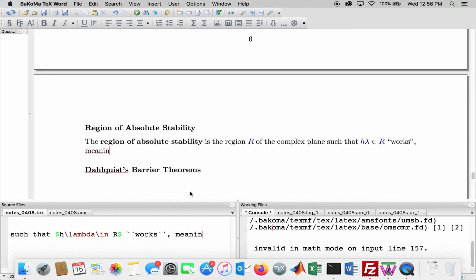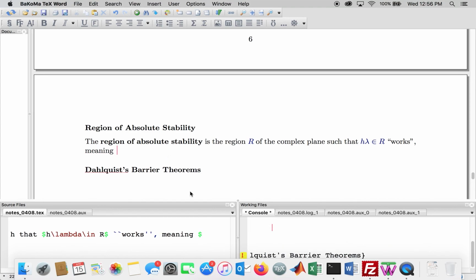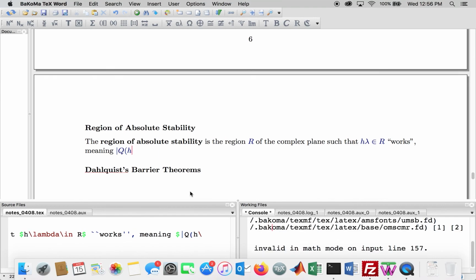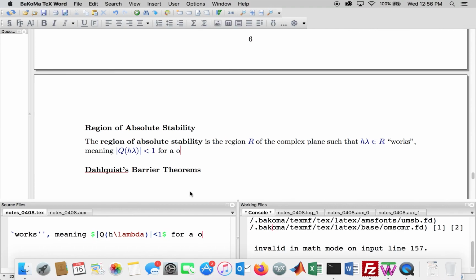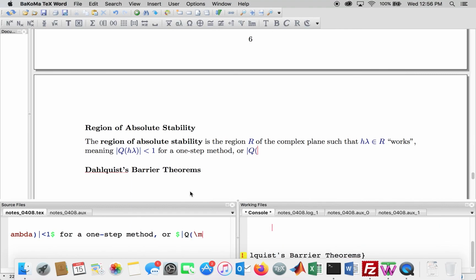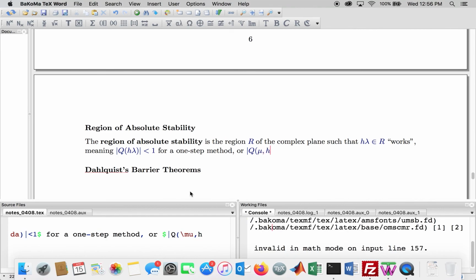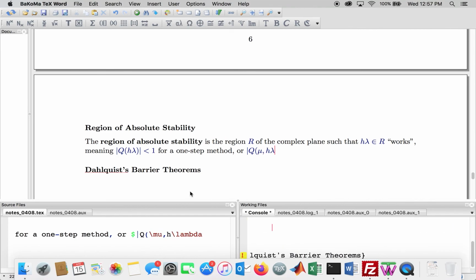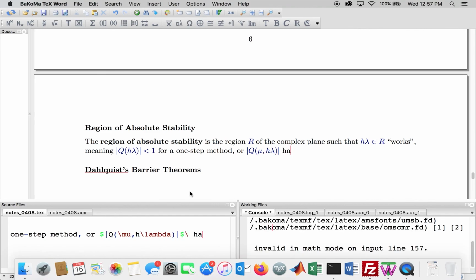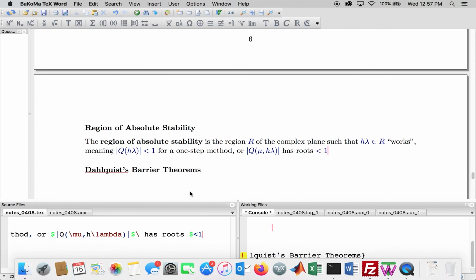And what that means is for a multi-step method, Q of mu, h lambda has roots less than 1 in magnitude.